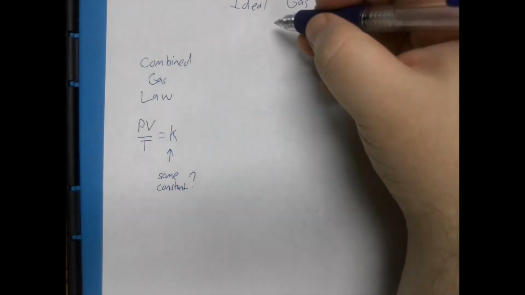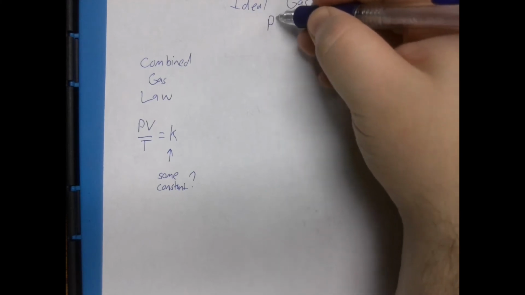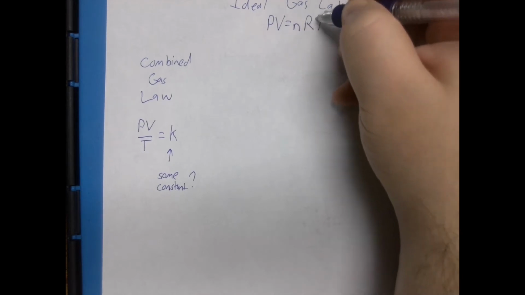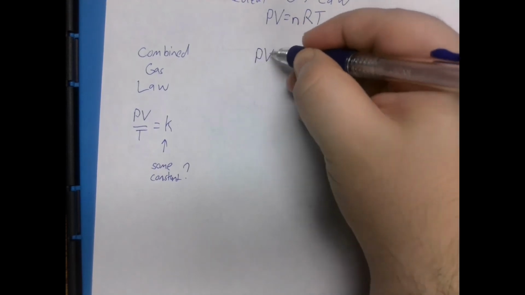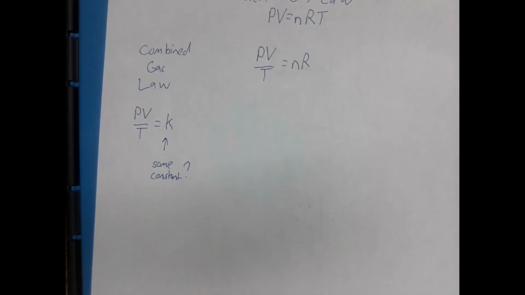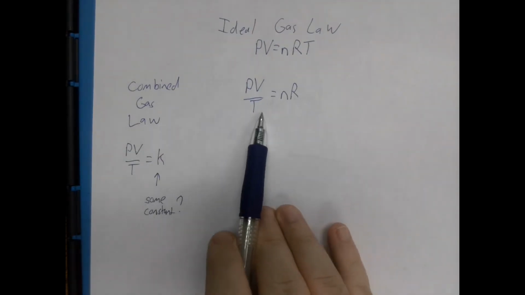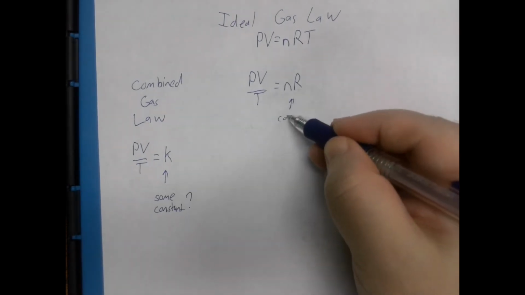So the ideal gas law is written as PV equals nRT. Doing some rearranging, we see that PV over T is equal to nR. From the combined gas law, we know that this is constant.